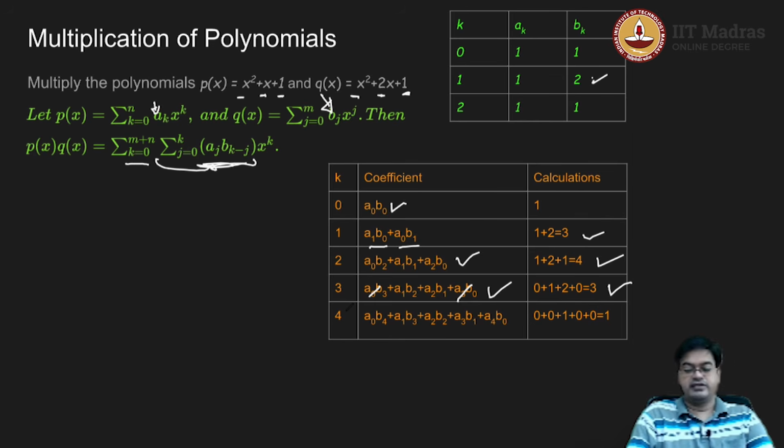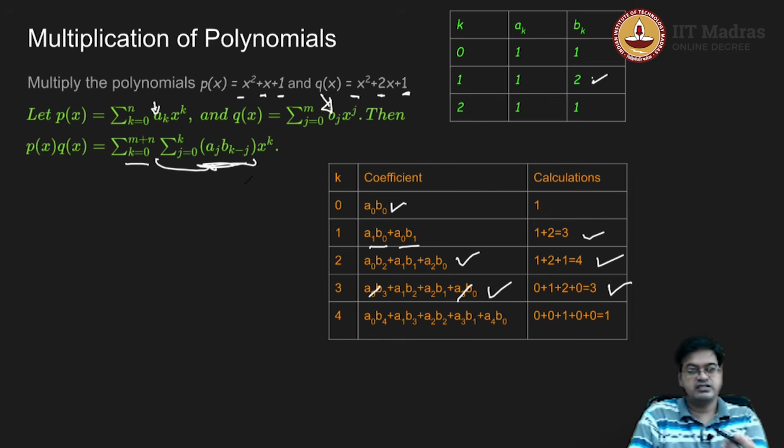Now the final term is a degree 4 term. Correct. If you do a term wise multiplication, what you will come up with is, because the degree 4 will be contributed by the highest order terms, so you will simply multiply x square into x square and you will get only one term. But in this formulation, what we are doing here is we are taking all possible terms of degree 4.